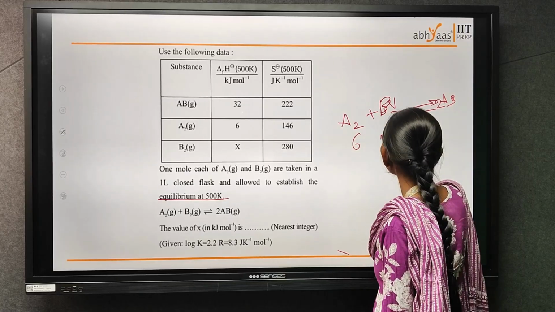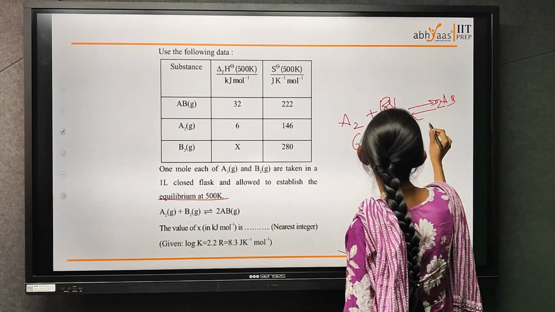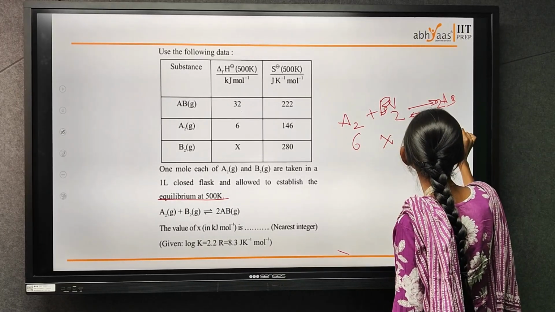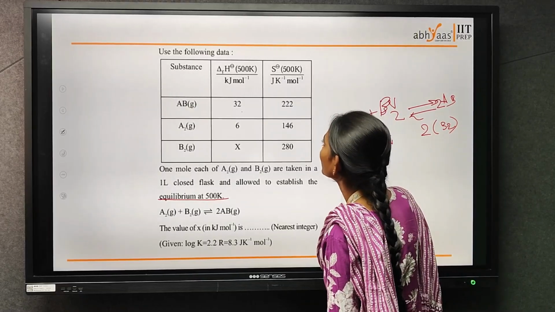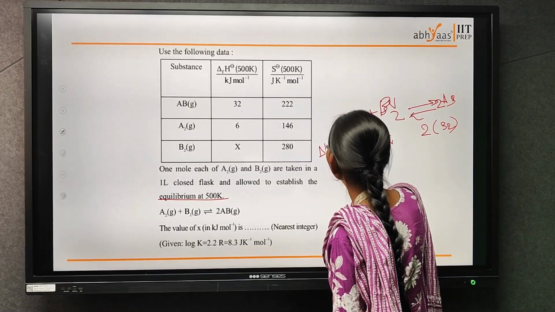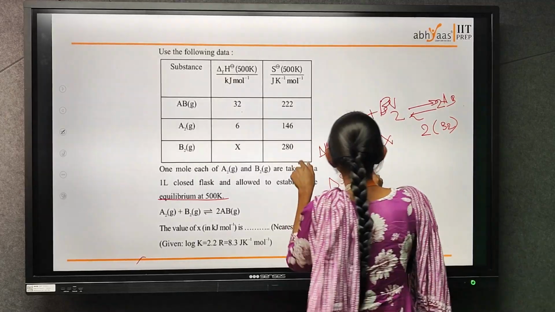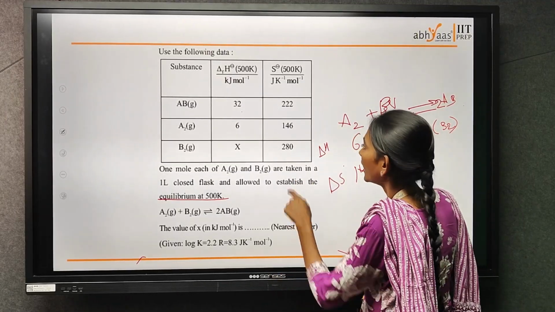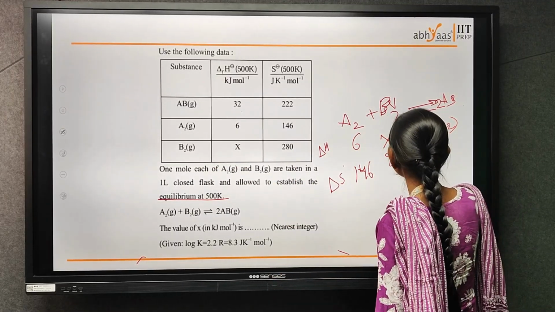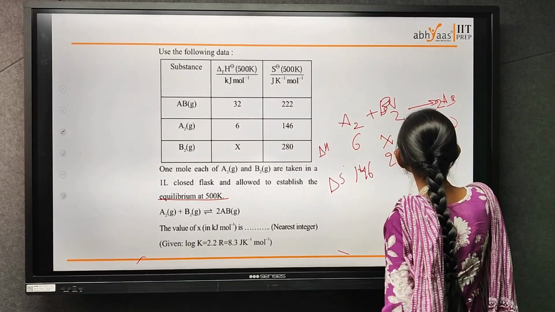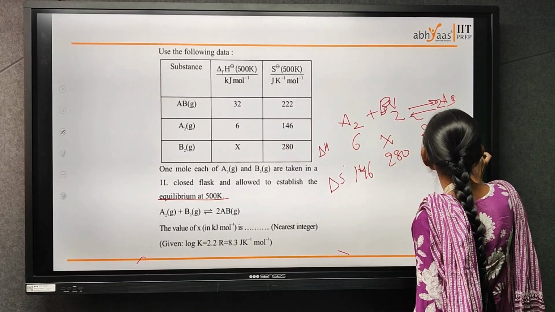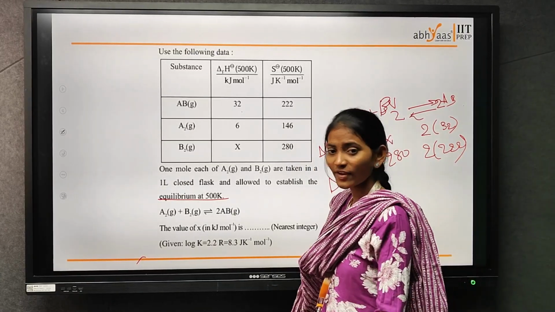For B2, we are having X. And for AB, we are having 2 into 32, right? So this is for your enthalpy. Coming to entropy, A2 is 146, and for B2 we are having 280. And for 2AB, we are having 2 into something. While doing this, you will get your value.